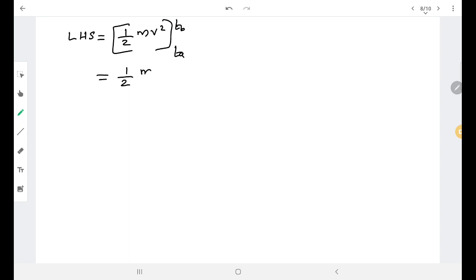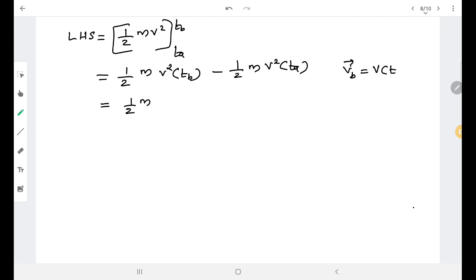This becomes half m v square at time tb minus half m v square at time ta. Writing v of tb simply as vb, and similarly va represents the velocity at time ta, we can simplify it as half m vb square minus half m va square.